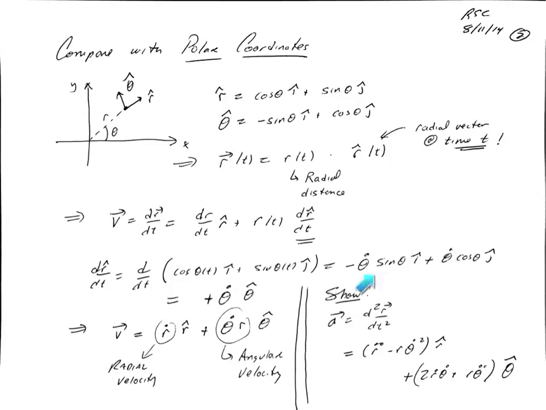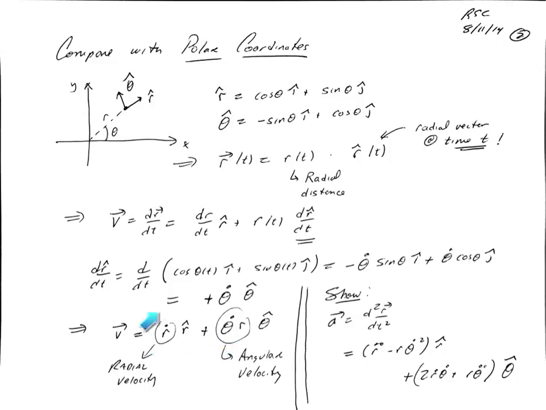So using the chain rule, we see this as minus theta dot times sine theta i hat plus theta dot times cosine theta j hat, which if you compare with the definition of the unit vector theta hat, is just plus theta dot times theta hat. So if I plug back into this expression, I get that the velocity is r dot times r hat plus theta dot r times theta hat.